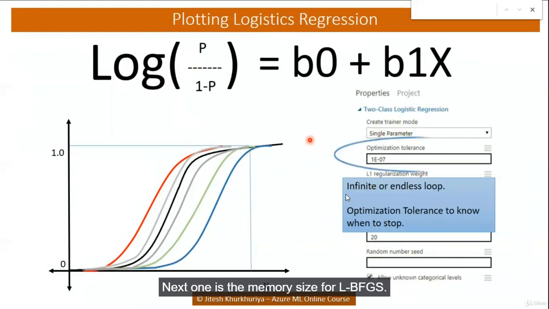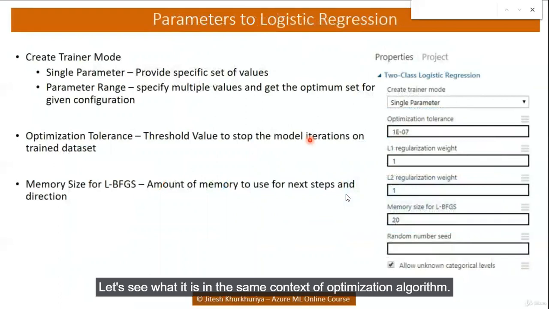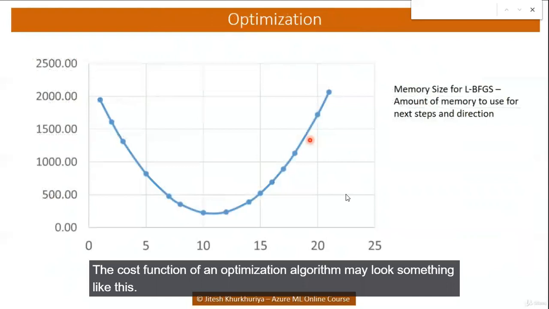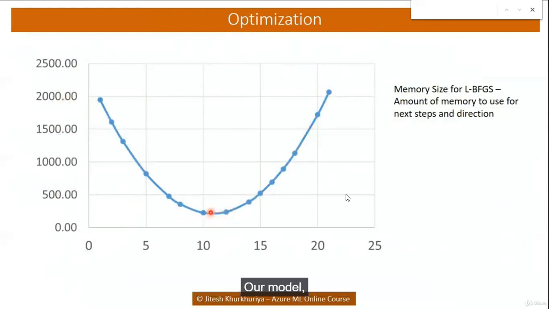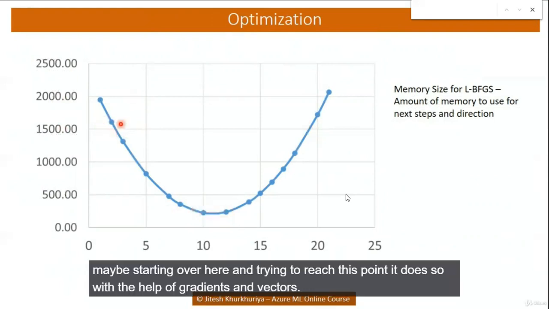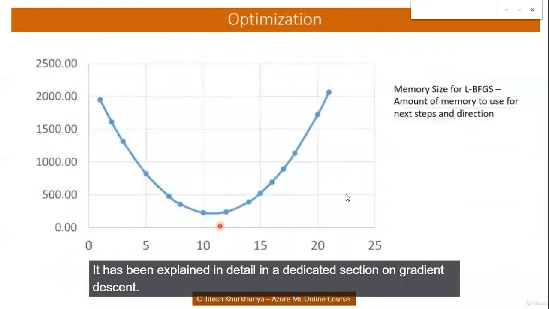Next one is the memory size for LBFGS. Let's see what it is in the same context of optimization algorithm. The cost function of an optimization algorithm may look something like this, and this point is the one with minimum cost or errors. Our model may be starting over here and trying to reach this point. It does so with the help of gradients and vectors. It has been explained in detail in a dedicated section on gradient descent.